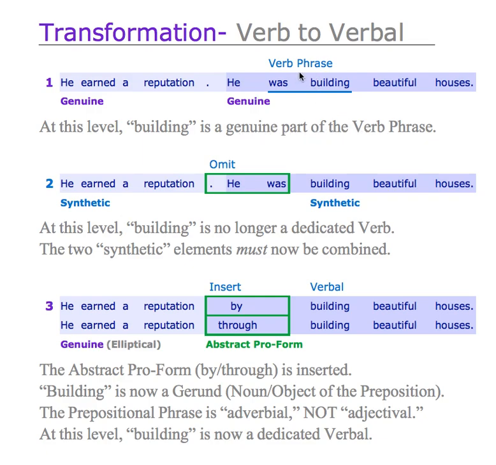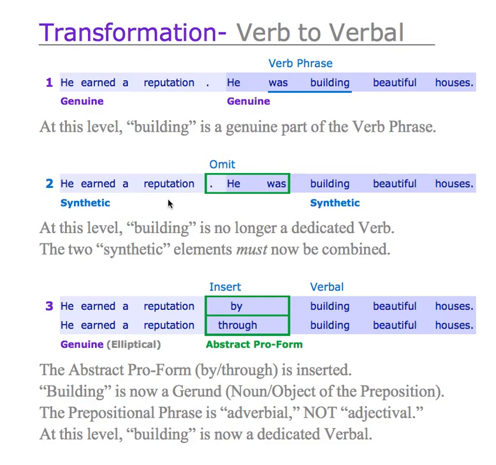Okay, that is clear. Now, at the second level, he earned a reputation, but now we want to omit the period and these two words, the word he and the word was, and we're left with building beautiful houses. So you see, we're at the synthetic level because we have a partial clause here, and we have another partial.